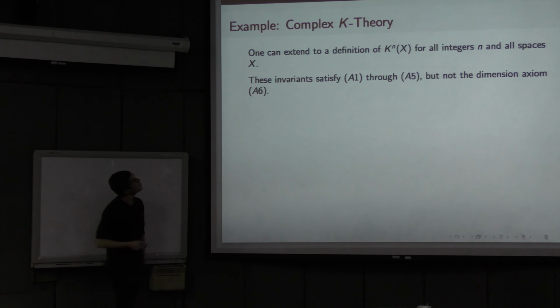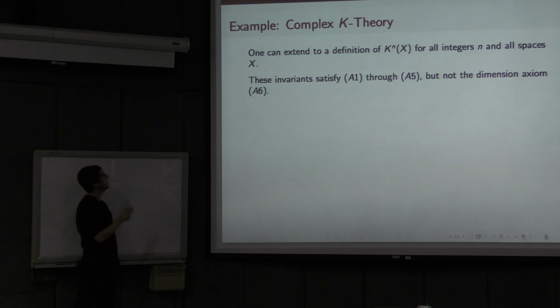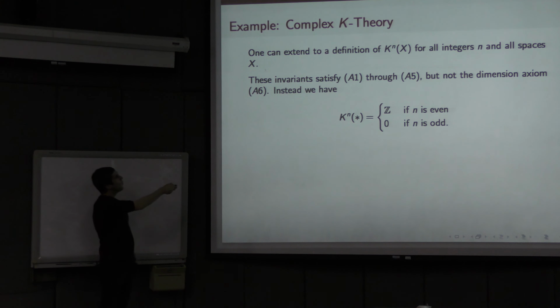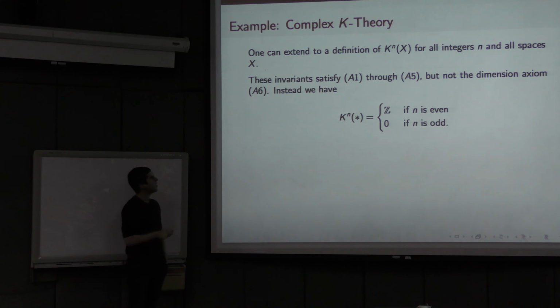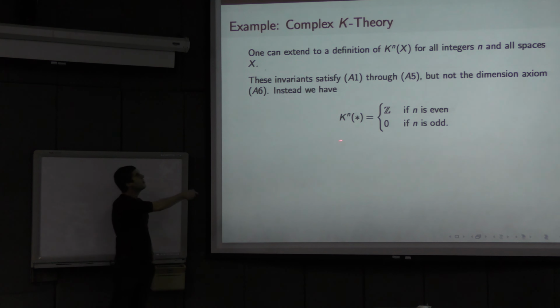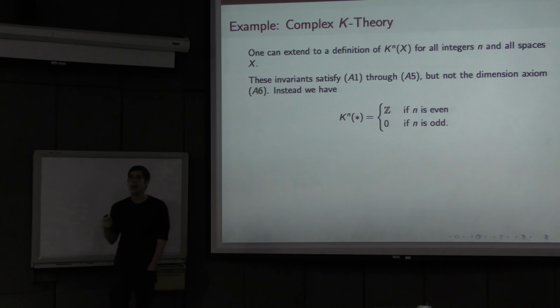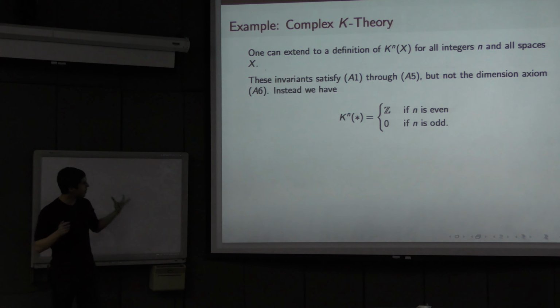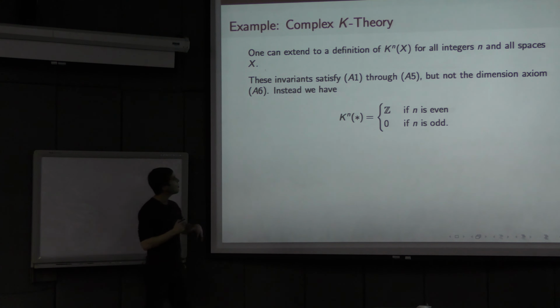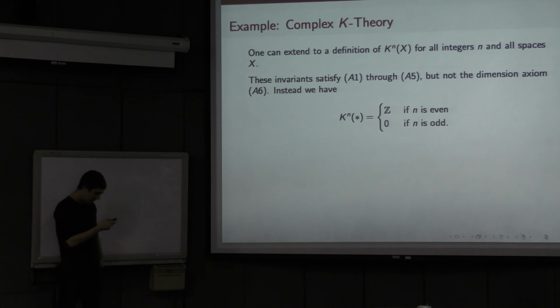It satisfies the first 5 of the Eilenberg-Steenrod axioms, but it does not satisfy the dimension axiom. What happens instead is that when you compute the K-theory of a point, K0 of a point looks like the group of integers. More generally, Kn of a point looks like the group of integers when n is even, and it looks like 0 when n is odd. So rather than being concentrated in degree 0, it's instead periodic with period 2. And that periodicity is the content of the Bott periodicity theorem.